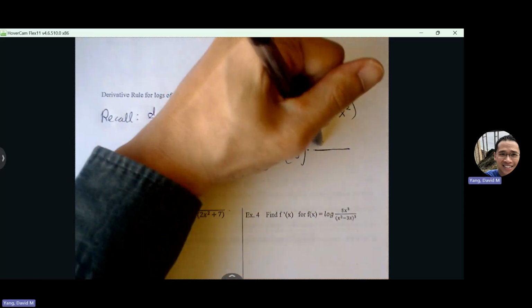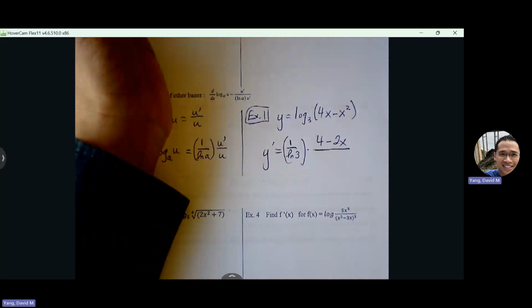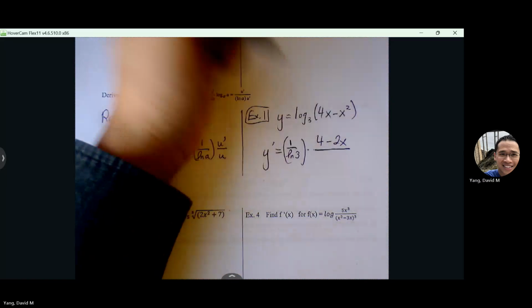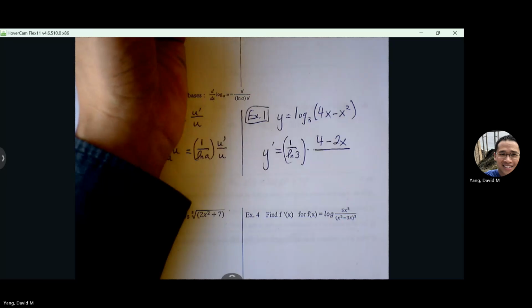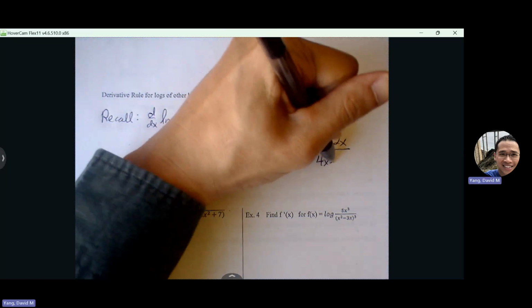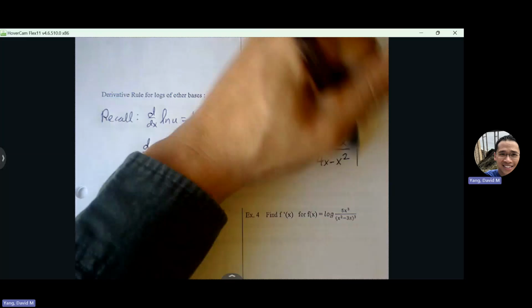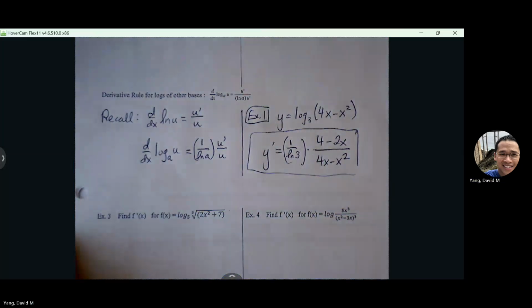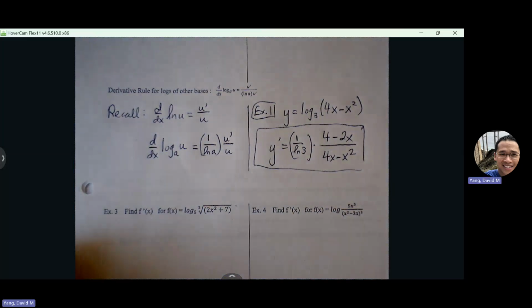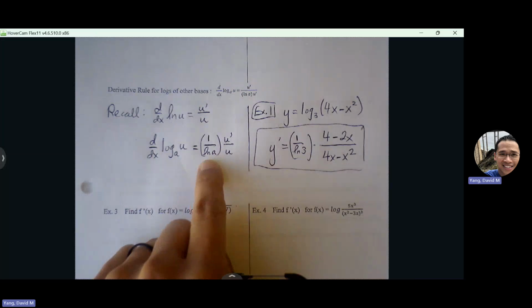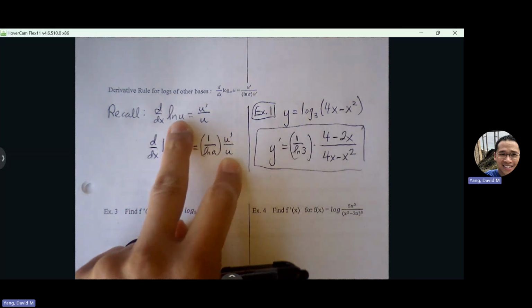Yeah, 4 minus 2x, all over 4x minus x squared. There's no need to simplify. So your derivative looks a little messier, but it is just a slight extension from the rule that you already know.